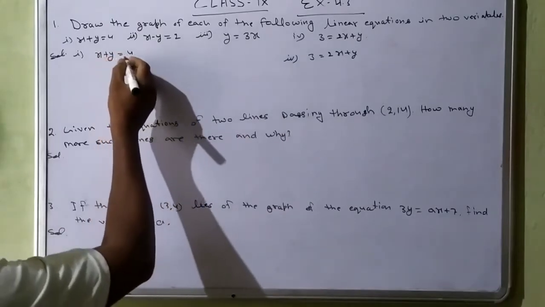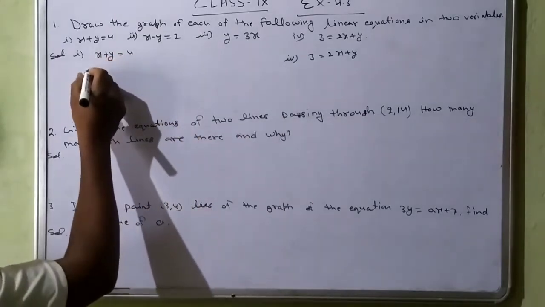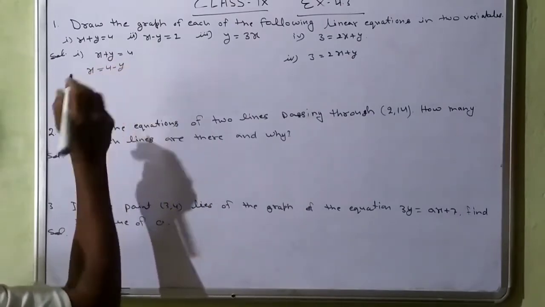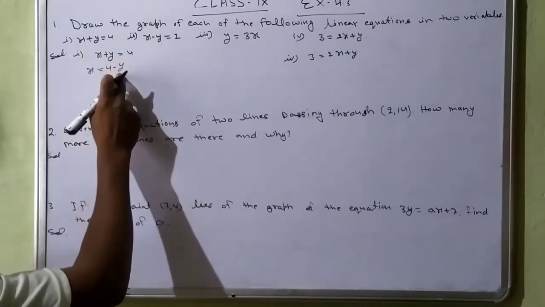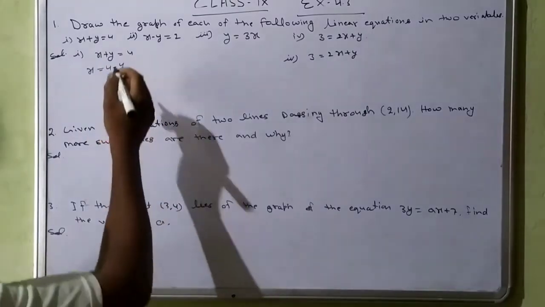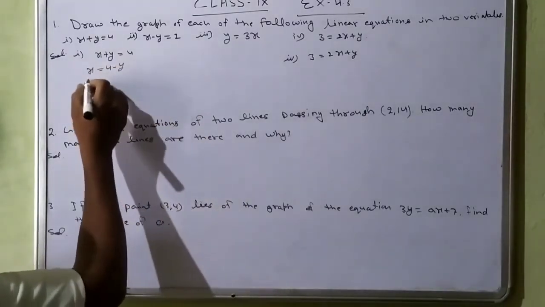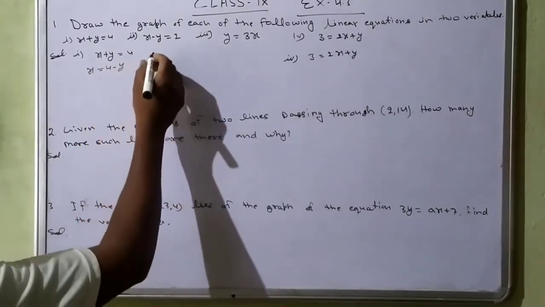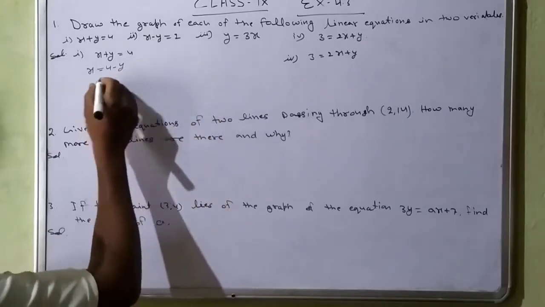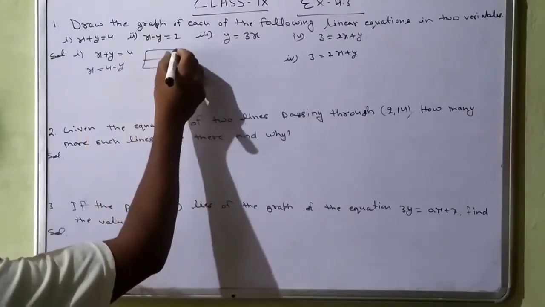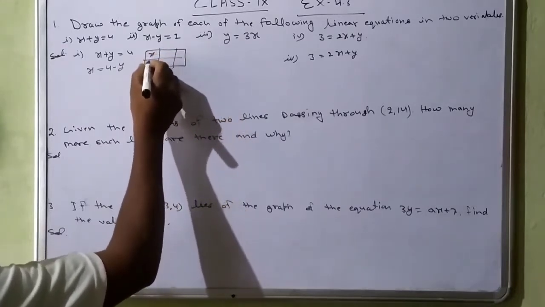So x plus y is equal to 4. First of all we will interchange, so that here is a plus, after the equal sign it becomes minus, right? Next we will draw the box here for two solutions of this equation, x, y.